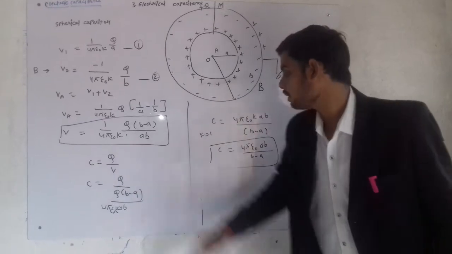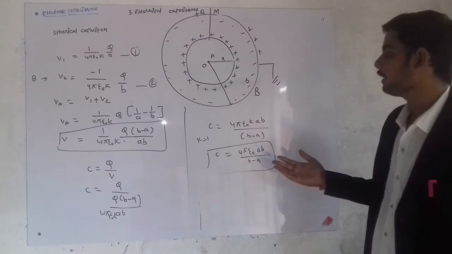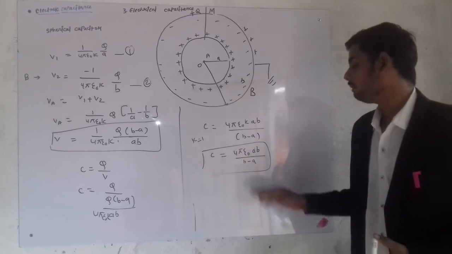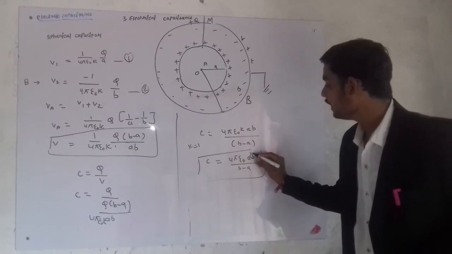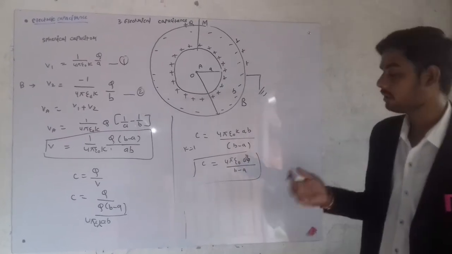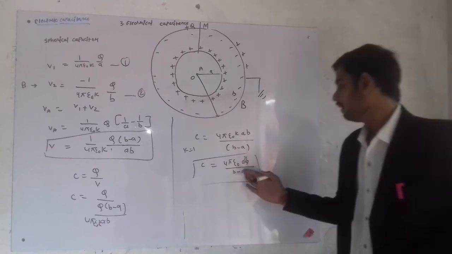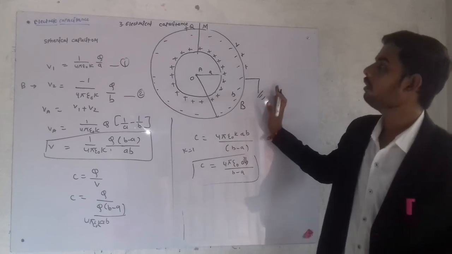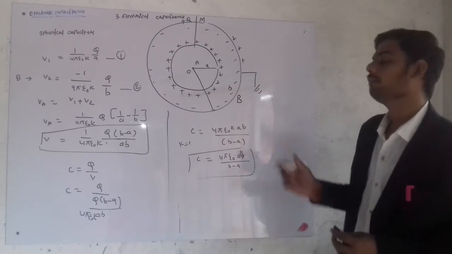If we neglect this K, taking vacuum, then C equals 4 pi epsilon naught ab upon b minus a. So the radii must be greater and the distance lesser. That will be our derivation for the electric capacitance of a spherical capacitor.